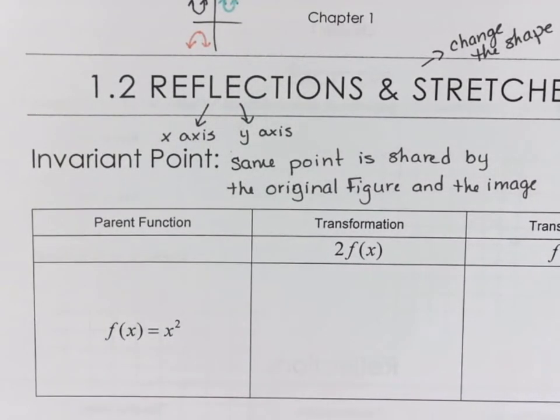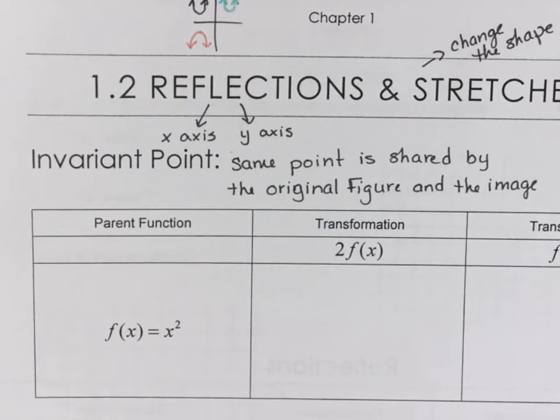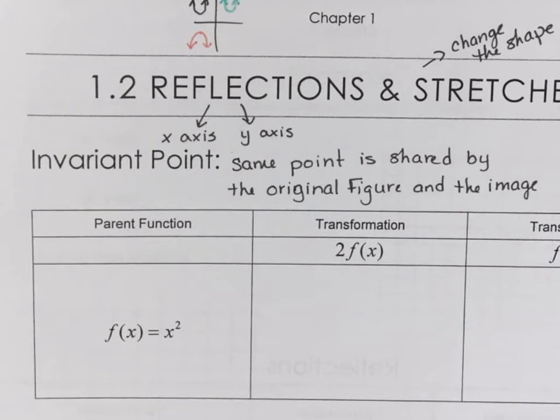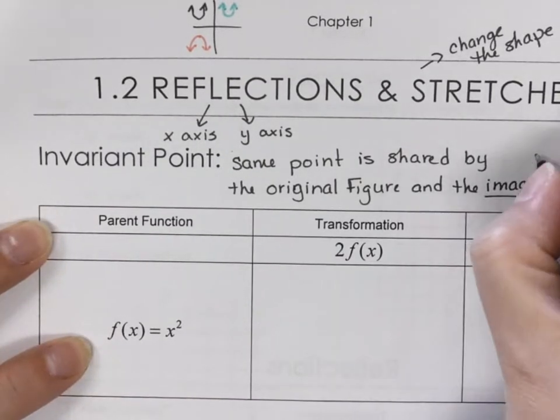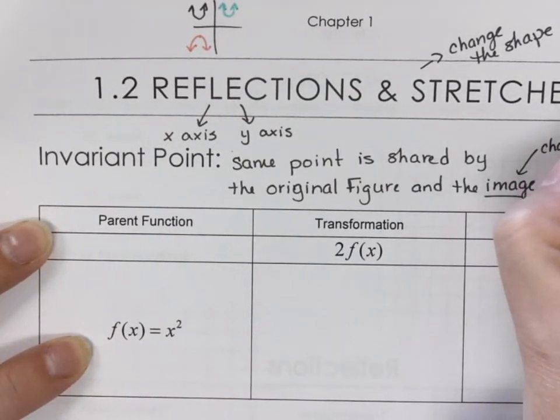Okay, so an invariant point is a point that's shared. That's exactly the same place on the parent, is exactly the same place on the image. And the image is the one that we've done the changes to.